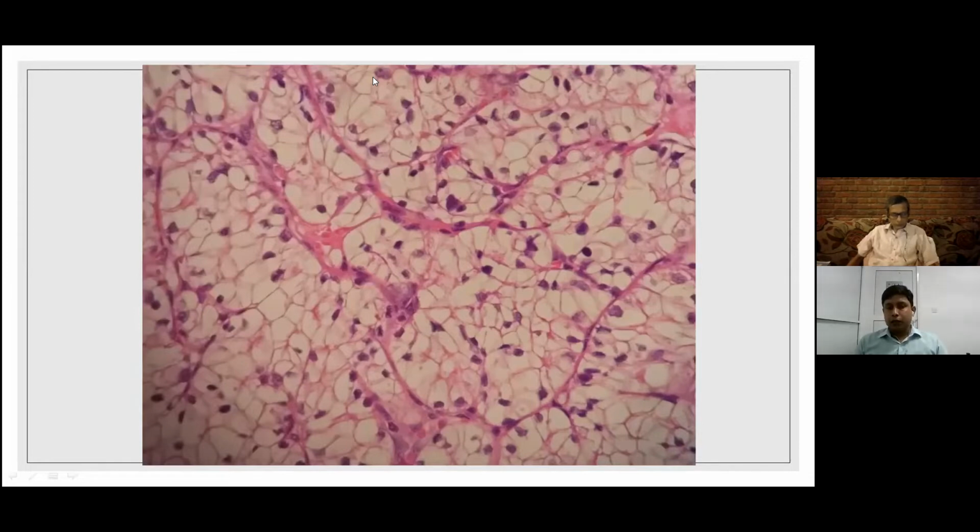And since this patient had an IVC thrombus as well, we might have to go for adjuvant chemotherapy in this patient. Is there evidence to support adjuvant therapy in this type of patient, which is non-metastatic clear cell RCC? EAU guidelines, I think, suggest it, but I don't have the proper evidence.